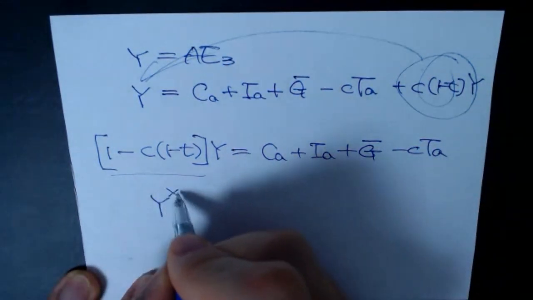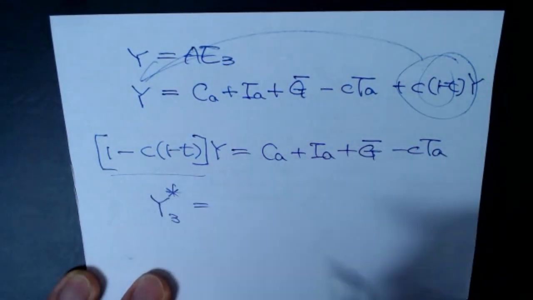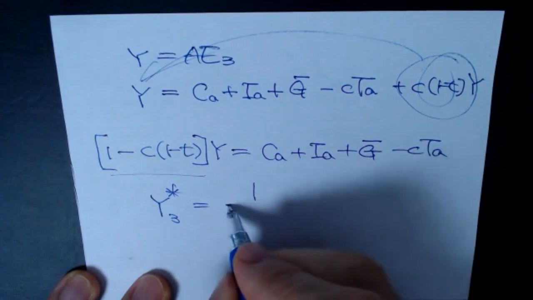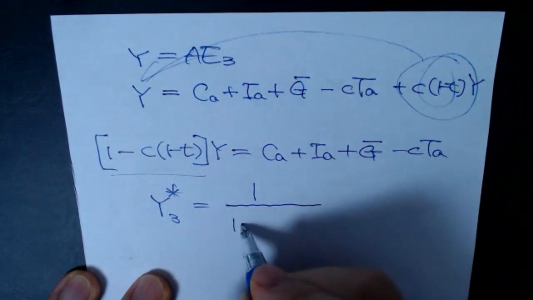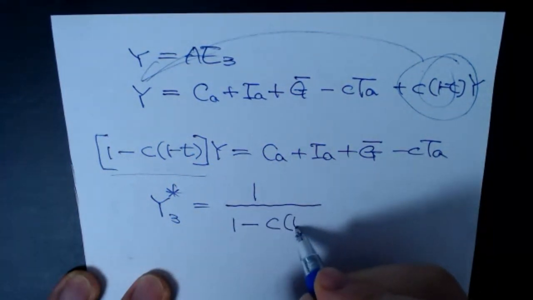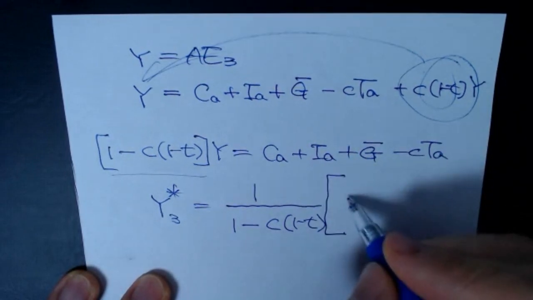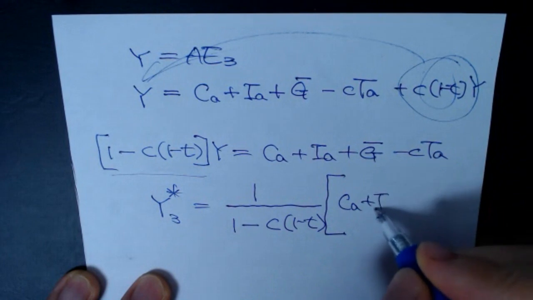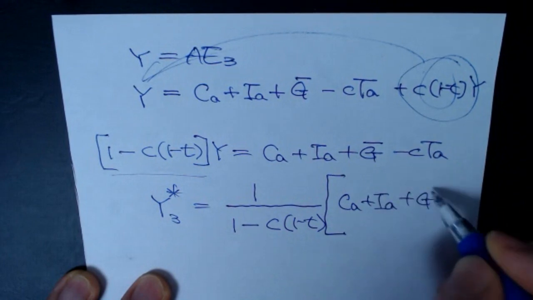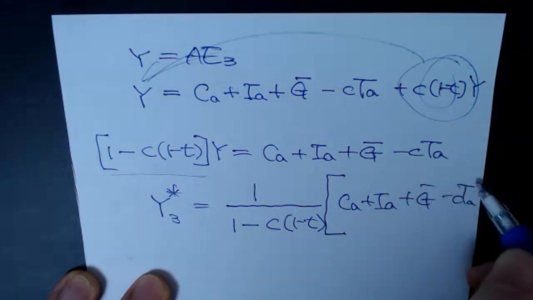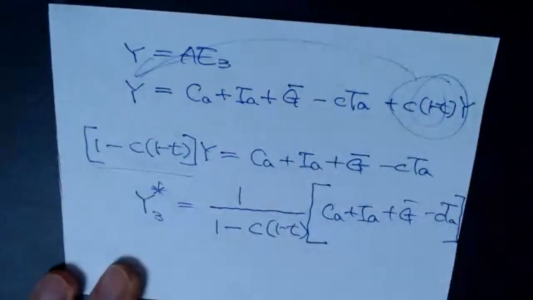So the equilibrium condition in the 3-sector model, you can write as 1 over (1 minus c(1 minus t)), times the bracket of CA, IA, G bar, minus cTA, like this.